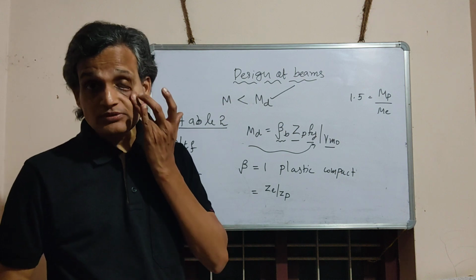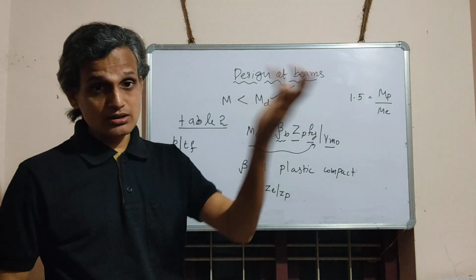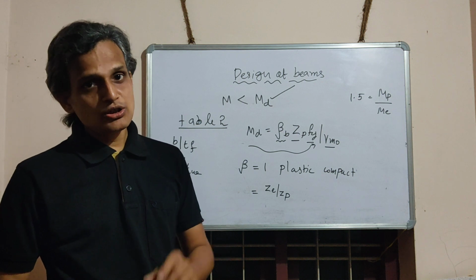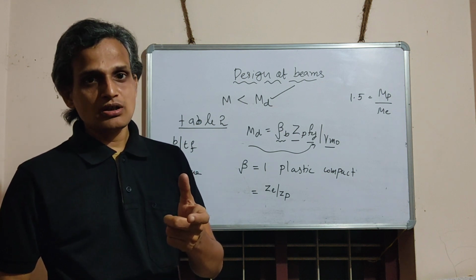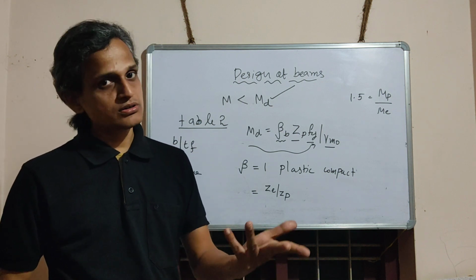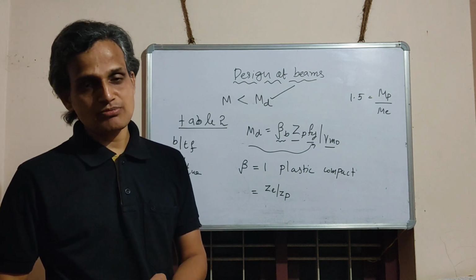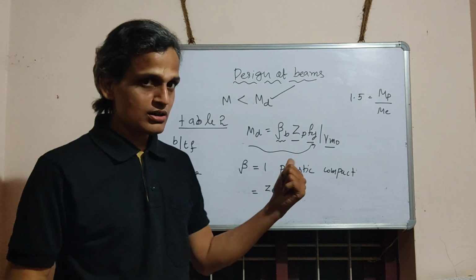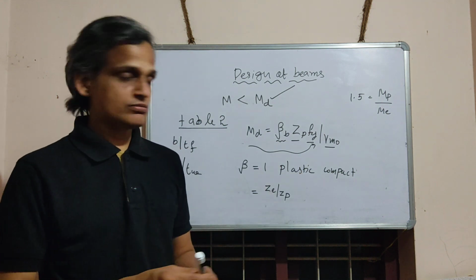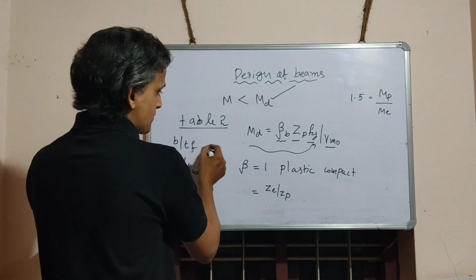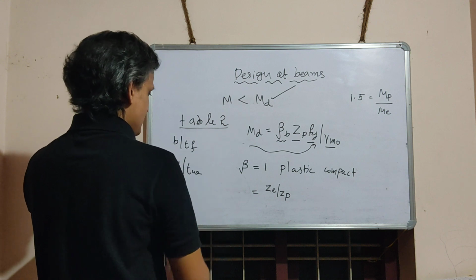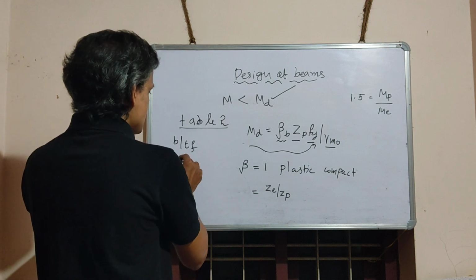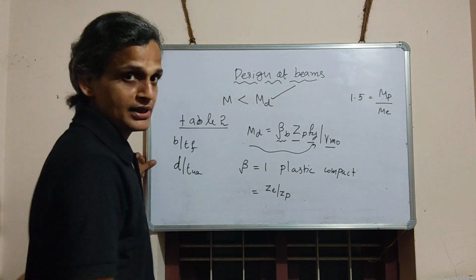There are some values given in Table 2. Those values can be asked in competitive exams like GATE. For example, for plastic sections, what is the permissible value for B by TF? Similarly, what is the permissible value for D by TW?